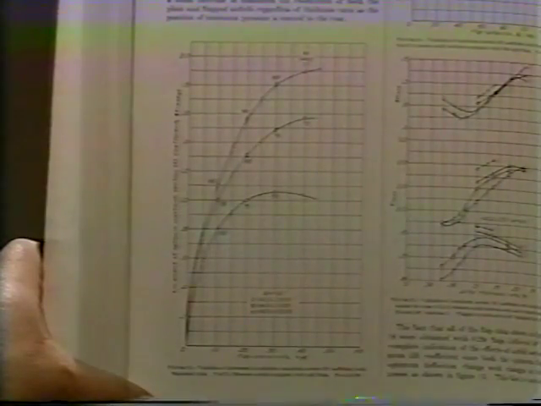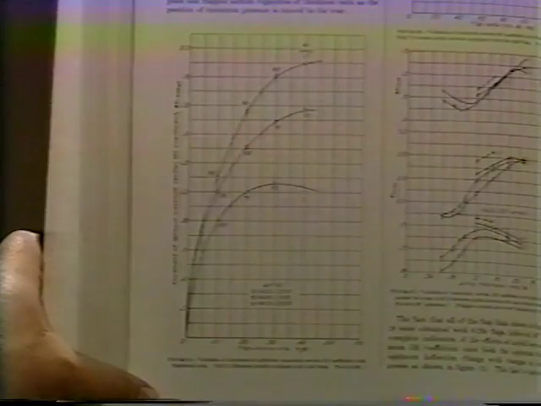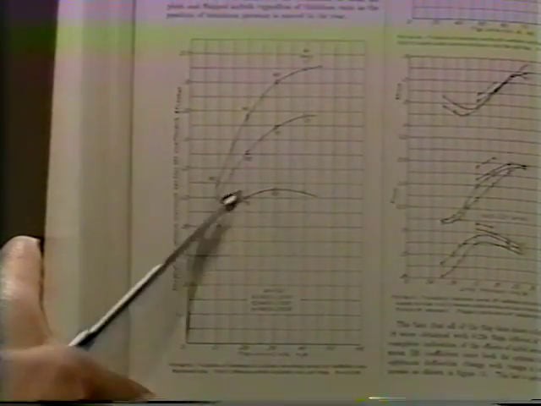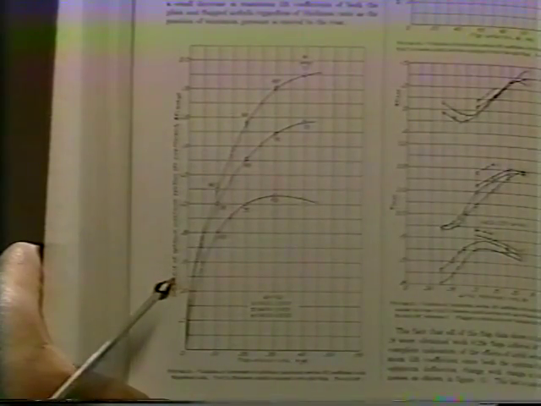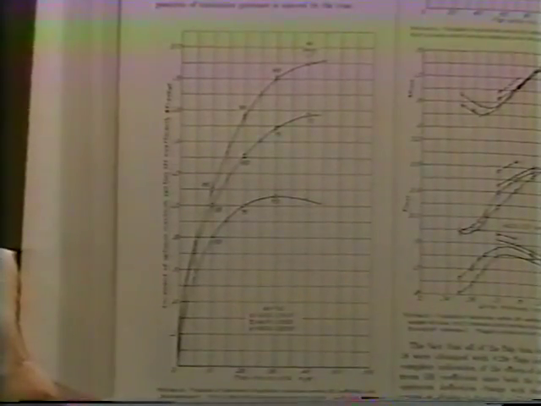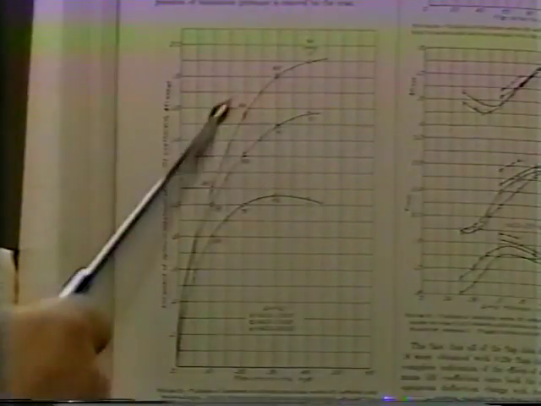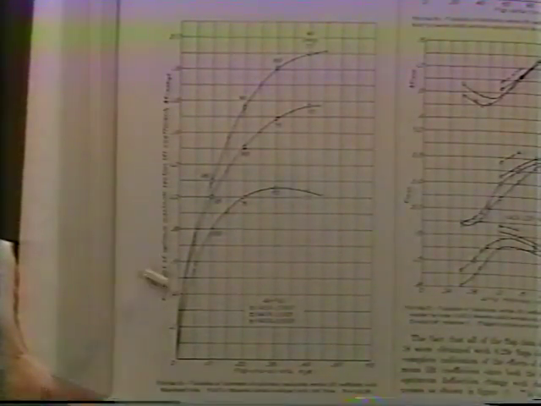This particular chart happens to be using a 230 series airfoil. The bottom one is for a 12% thick airfoil. The top one here is for a 21% thick airfoil, and the very top is for a 30% thick airfoil. That part's not important, nor even the airfoil section, but the thing to notice here is this.